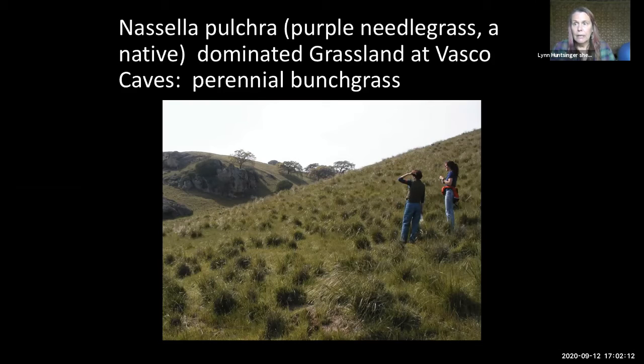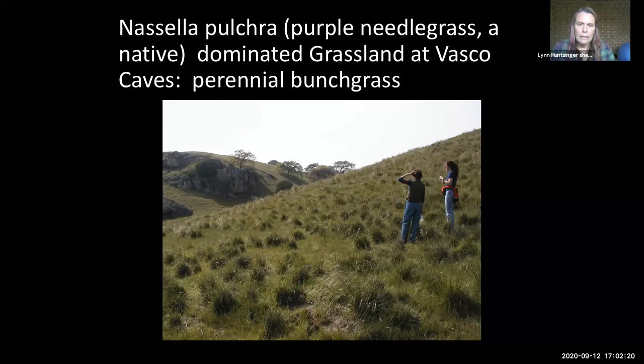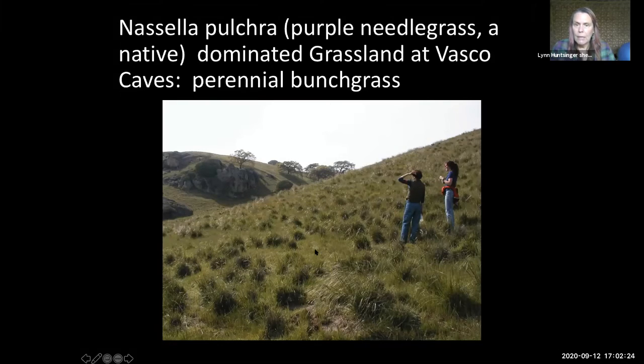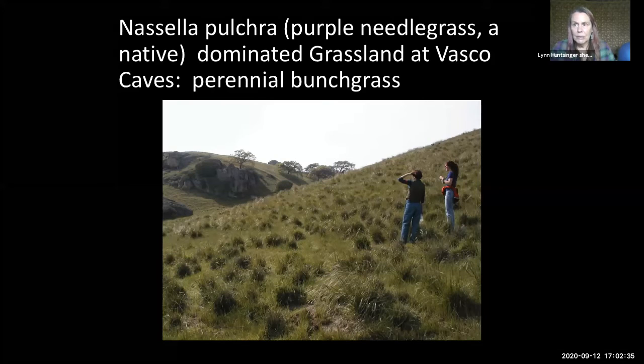There's a lot of phosphorus in the soil and perhaps some other things going on, but it really gives you an idea of what a grassland might have looked like. Now there are little annual grasses in between these clumps, and by the end of the season they may be taller than the clumps, but right now you can see them. It looks like a bunchgrass prairie, which is what we hypothesize, especially near the coast in coastal California, where it's a little moister, might have been dominant.